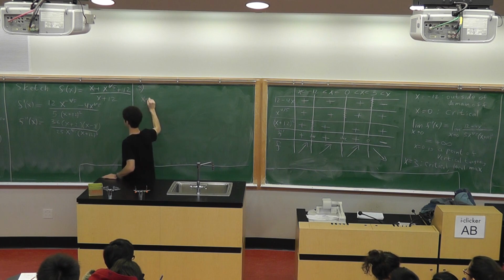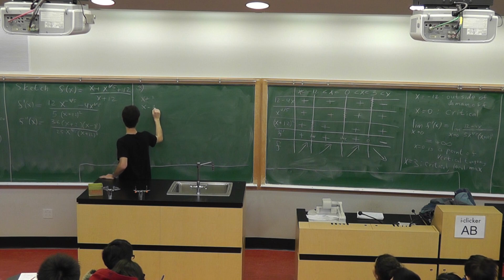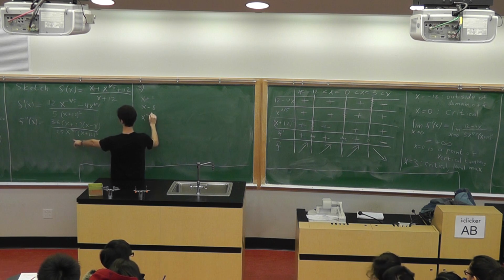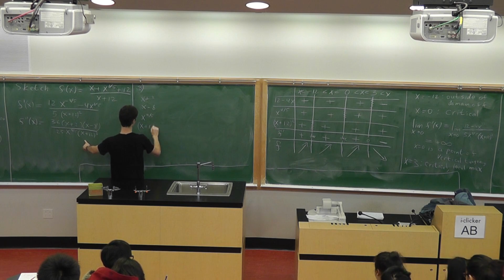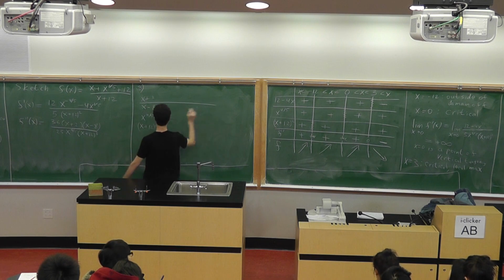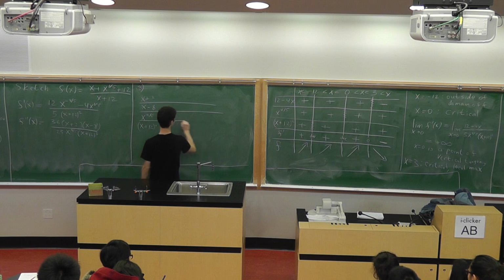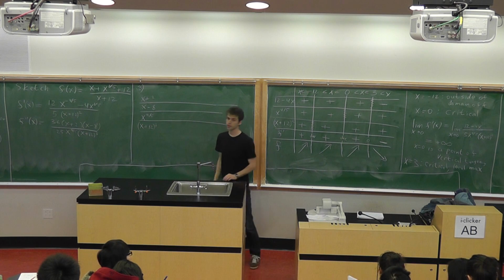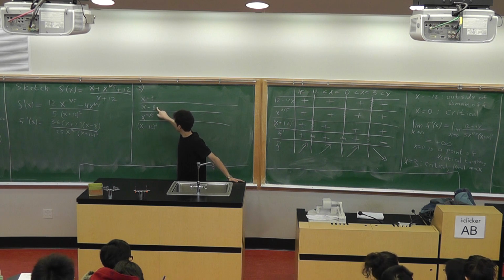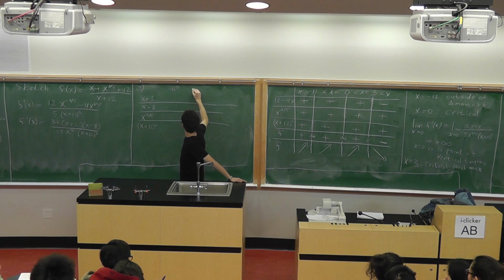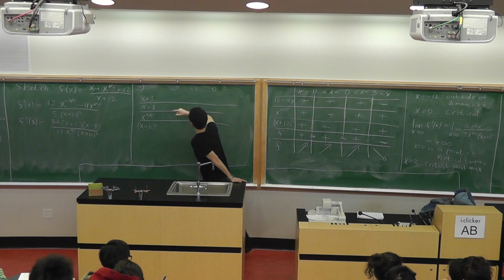I have these factors: x plus 2, x minus 8, x to the power 9 over 5, x plus 12 cubed. And they might change sign at the following points: minus 2, 8, minus 12, and 0. So minus 12 is the leftmost, minus 2 is the next one, 0, and 8.